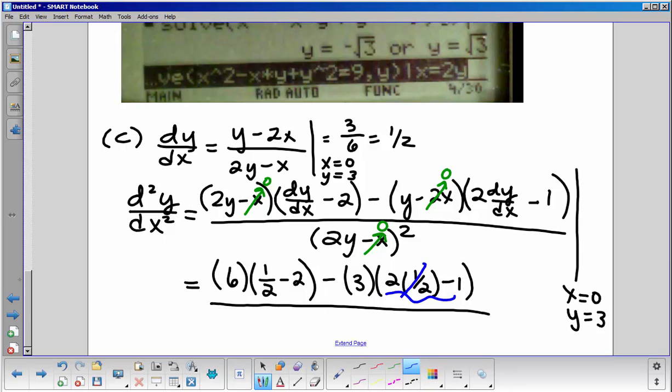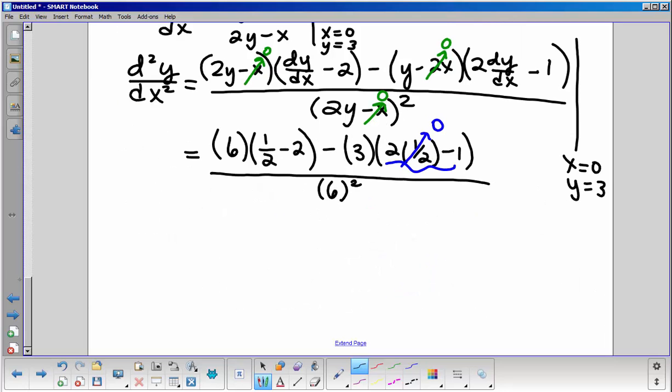So this goes to 0. And then 2y down here is 6 squared, which is 36, right? I put 3 in here, I get 6. 6 squared is 36.